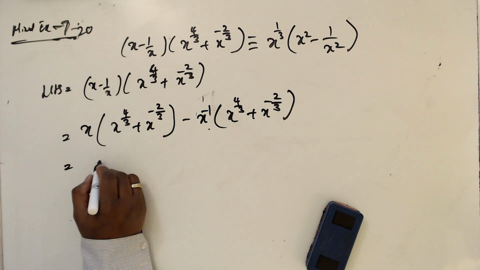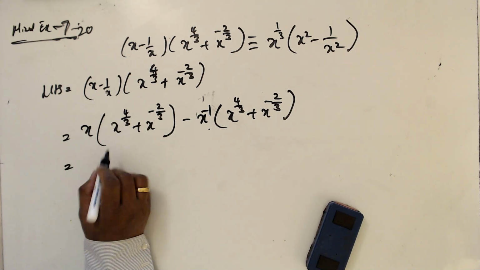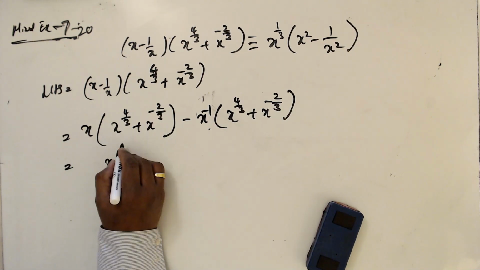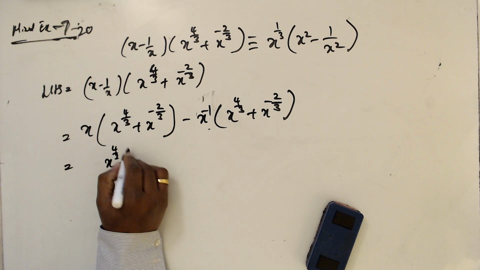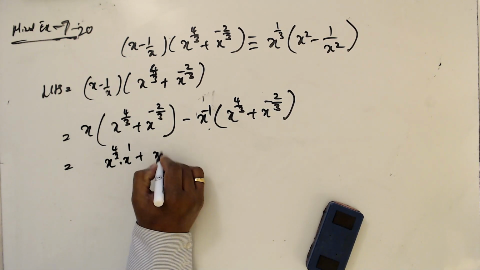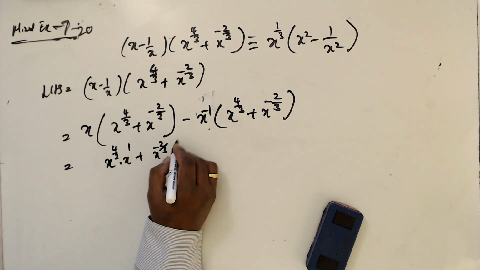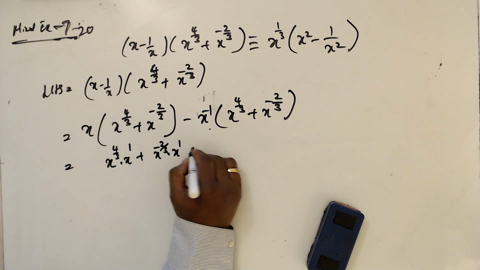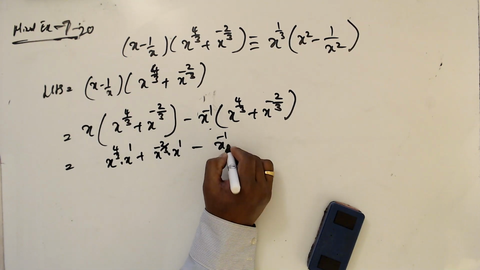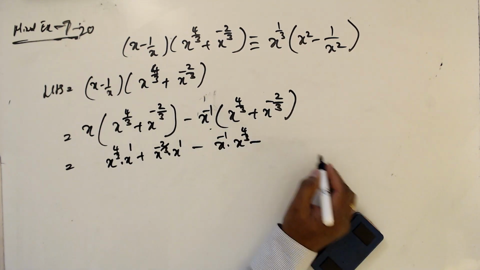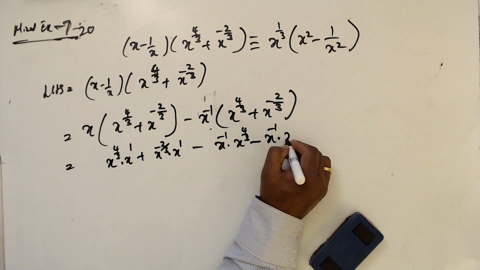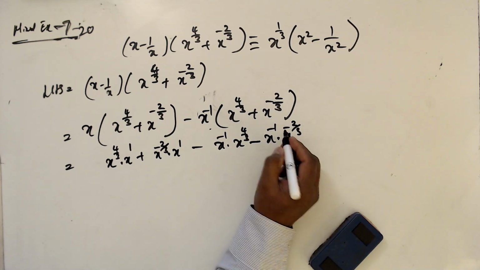Now this is going to be x to the 4 over 3 times x to the 1, x to the minus 2 over 3 times x to the 1. This is x to the minus 1 times x to the 4 over 3 minus x to the minus 1 times x to the minus 2 over 3.